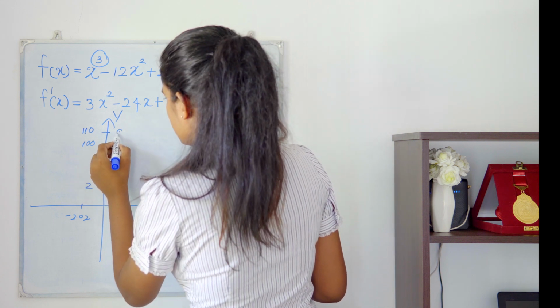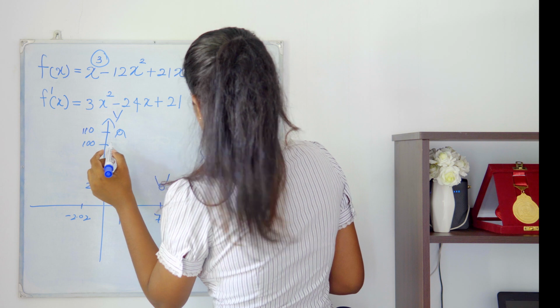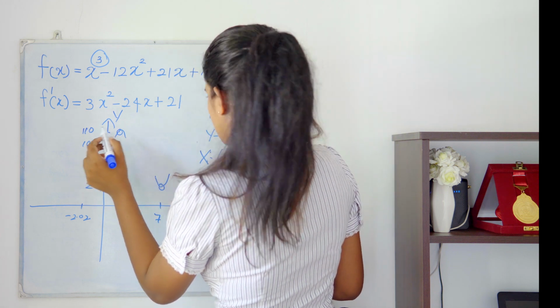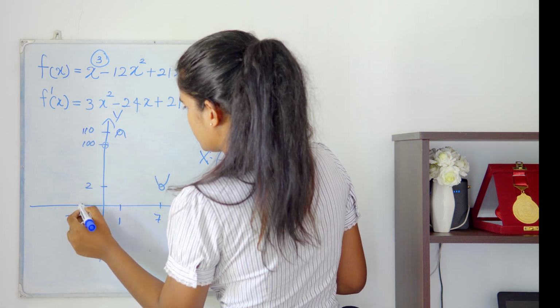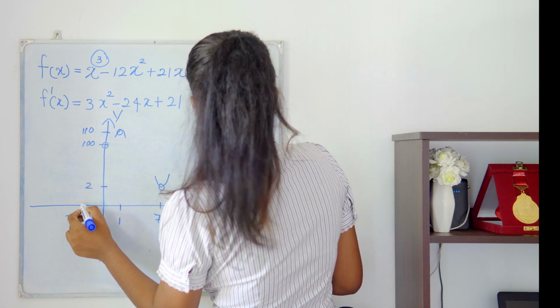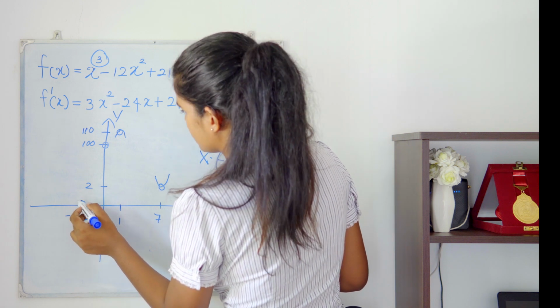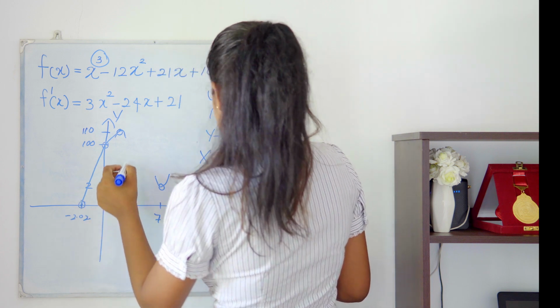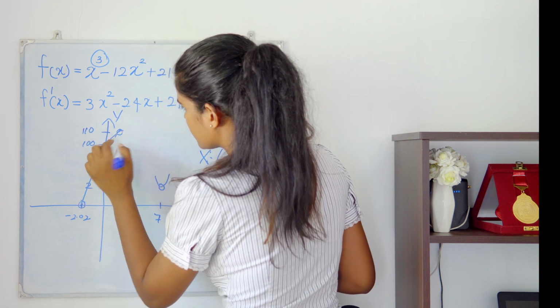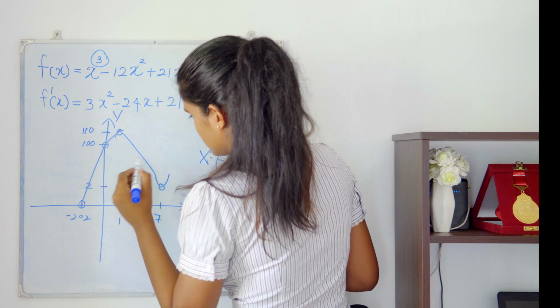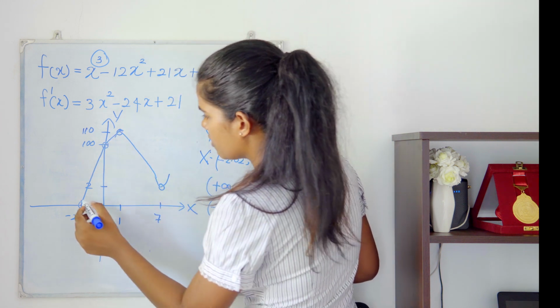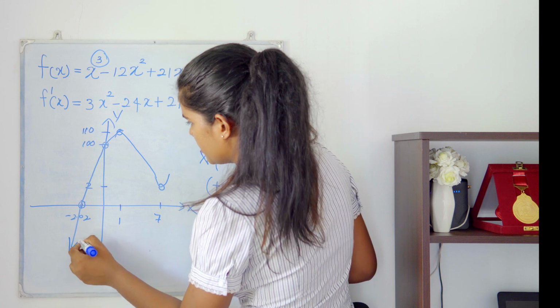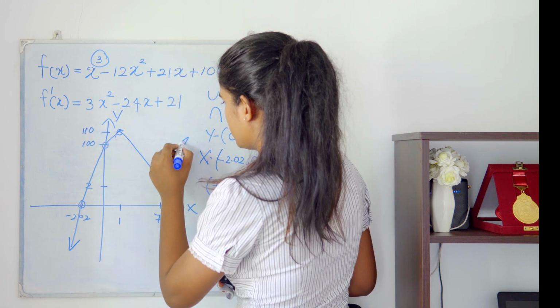This is a maximum. Another point, and this is another point. We have to draw this, and we have to draw like this. By using the long run behavior, you can draw the graph like this further.